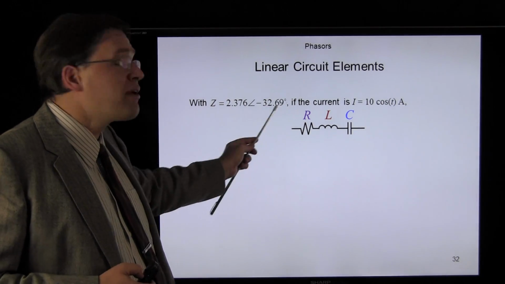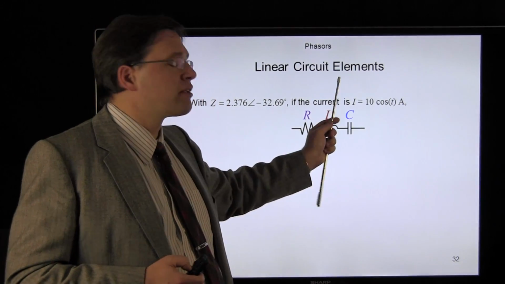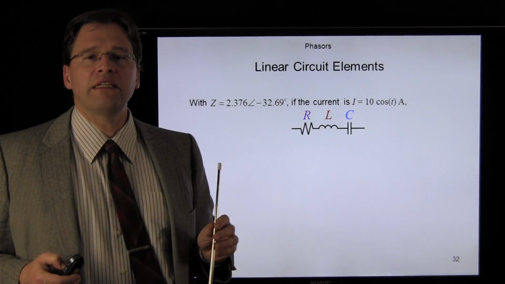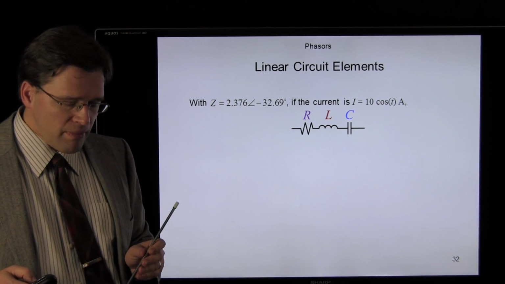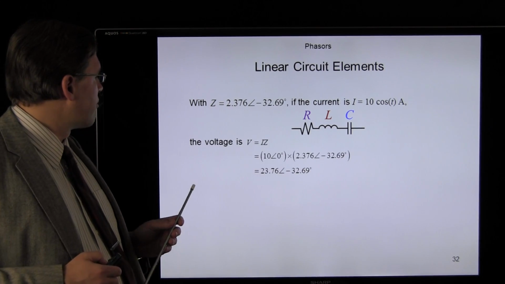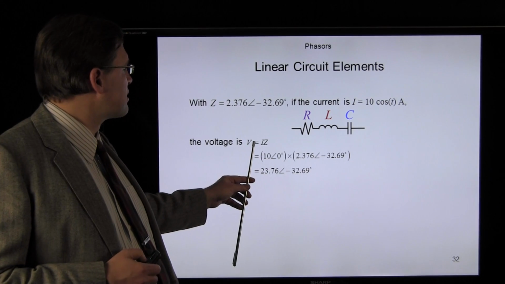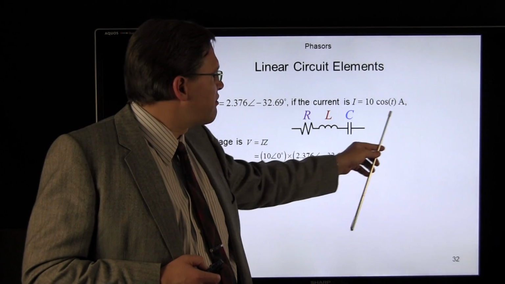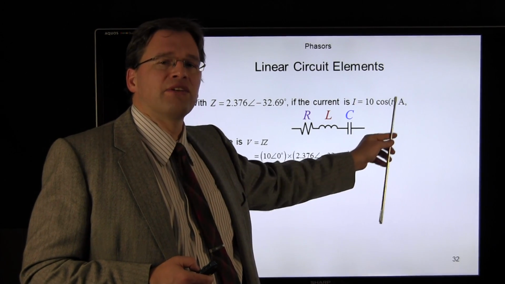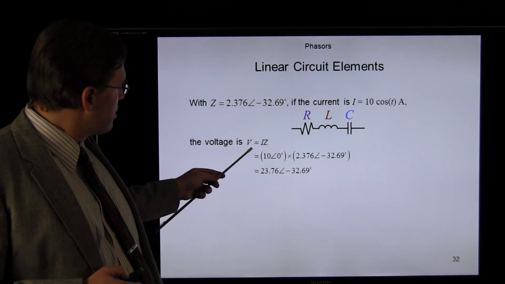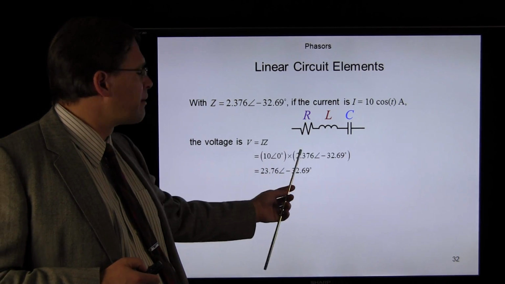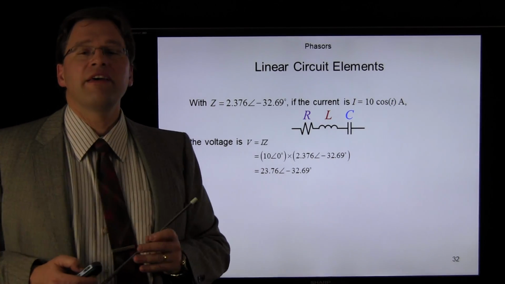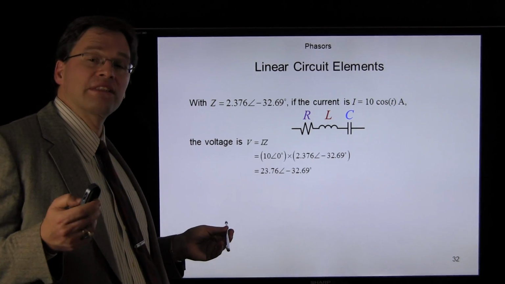Let's say that with this impedance we have a current that is 10 cosine t amperes. Well, the voltage across here can be calculated by just taking the product of this phasor and the associated phasor 10 phase 0 of the current. 10 phase 0 times that is just 10 times the magnitude, so we get 23.76 phase negative 32.69.